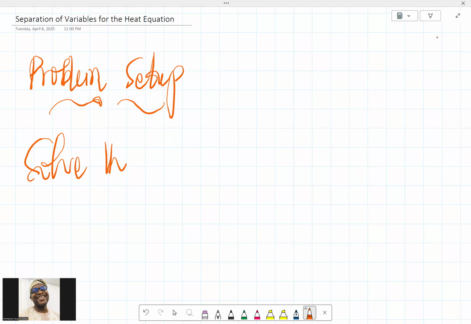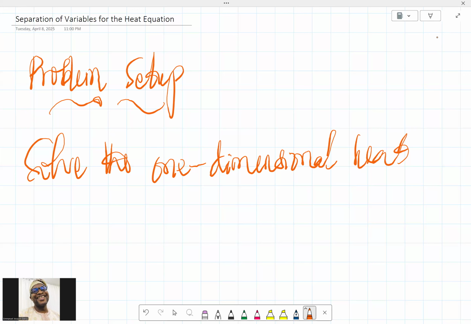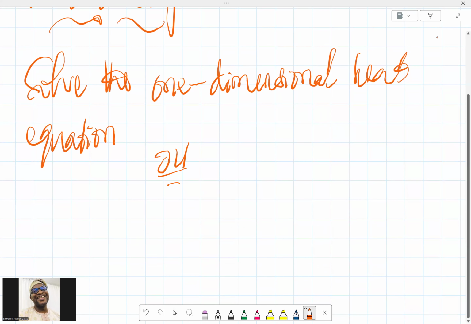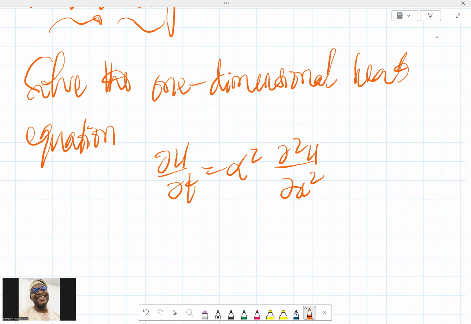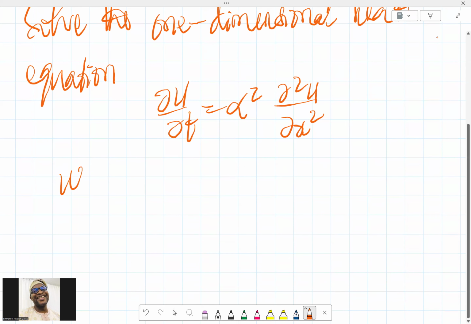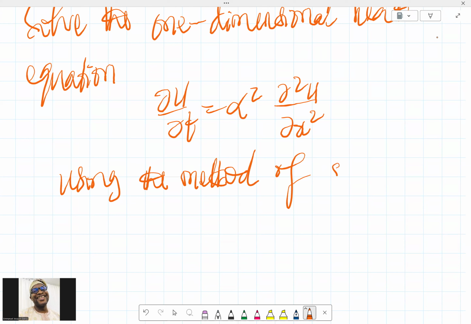Solve the one-dimensional heat equation, partial u partial t equals alpha squared partial squared u partial x squared, using the method of separation of variables.